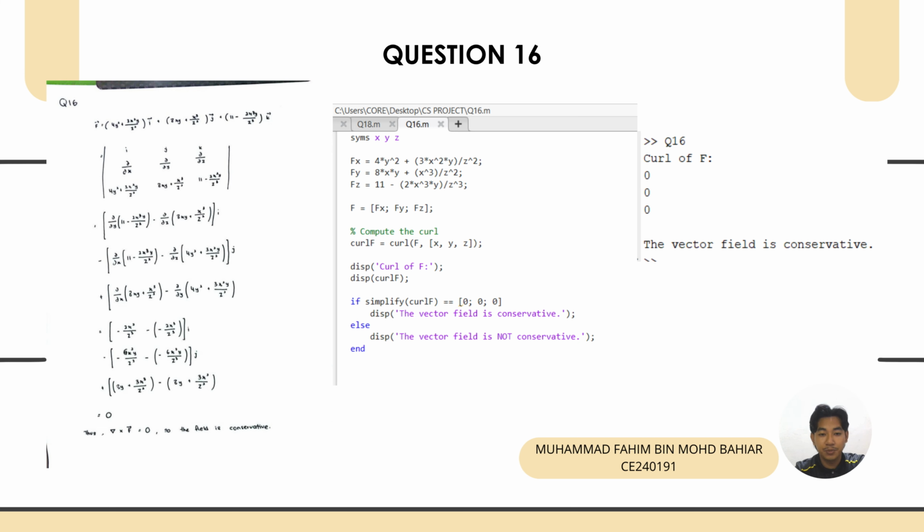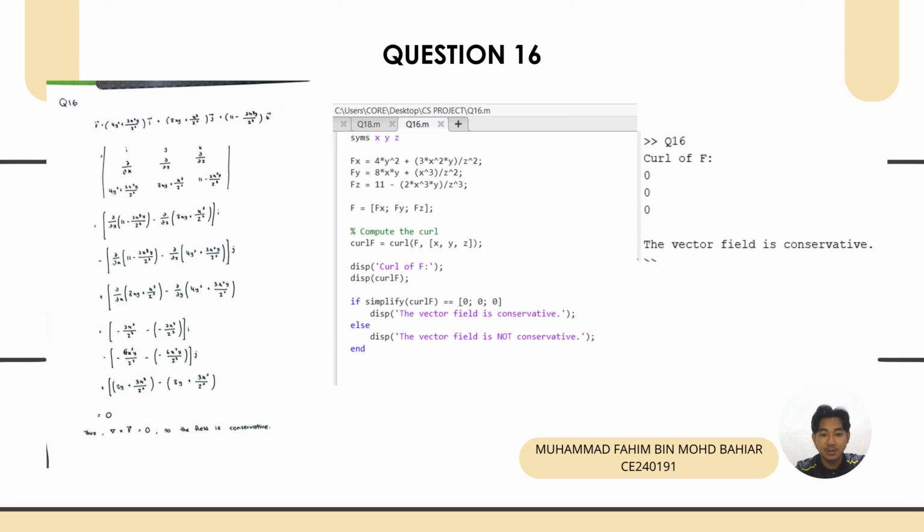I manually compute the curl step by step using the determinant of a matrix involving partial derivatives and components of F. I evaluate each component. Each of these results in 0. So the final result is the curl of F is 0. Therefore, the vector field is conservative.